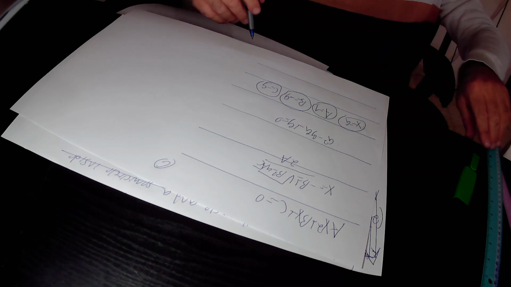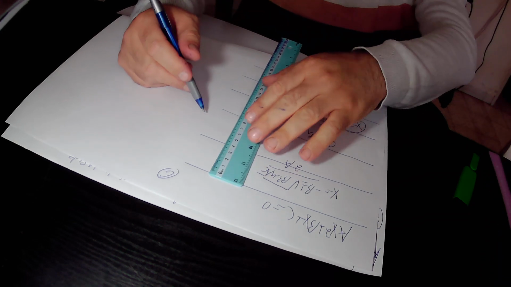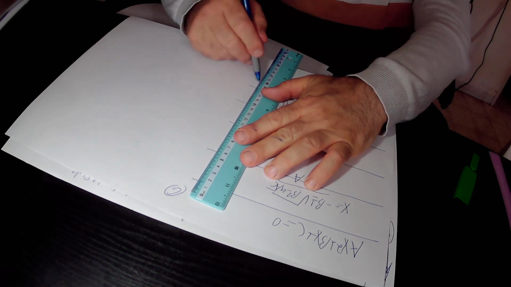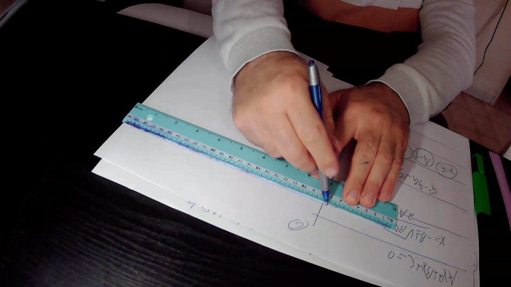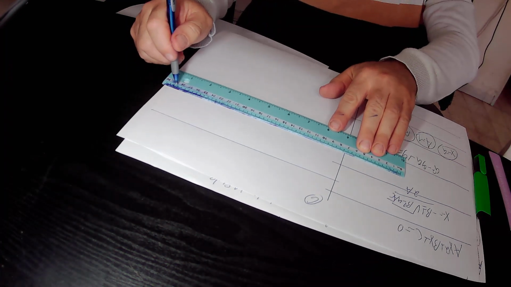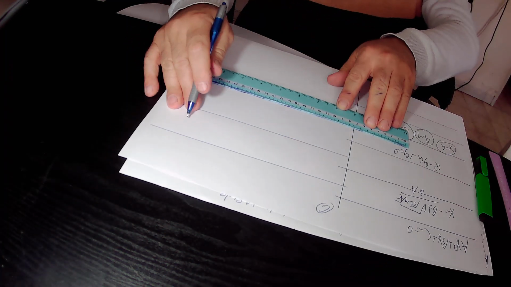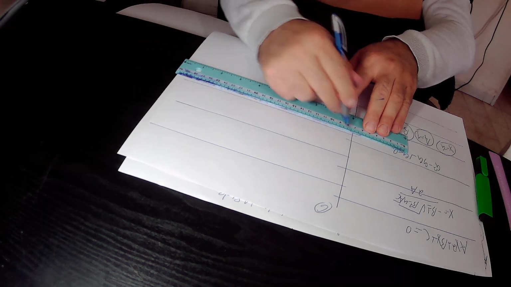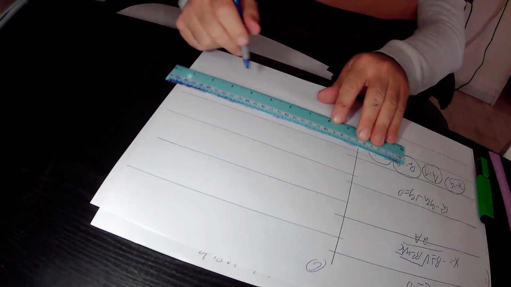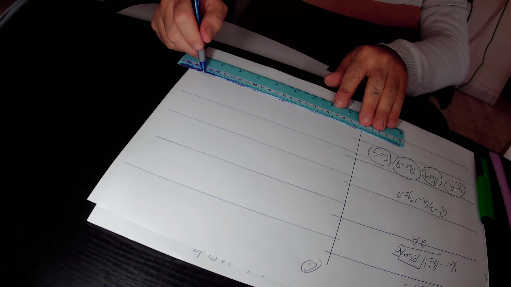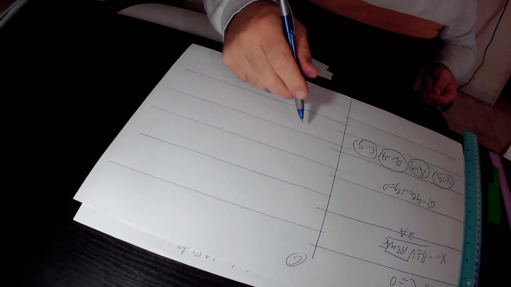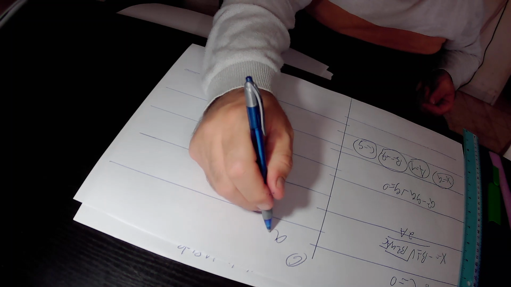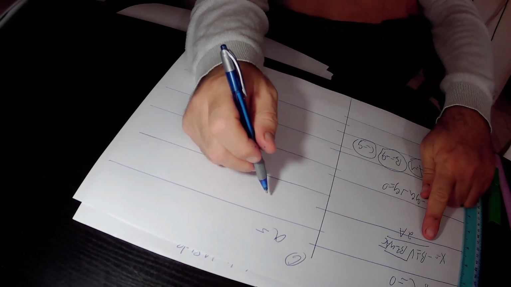We do it now, and we get that, again x equals a, so write down a equals minus b.